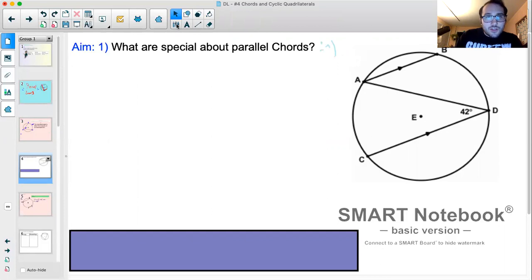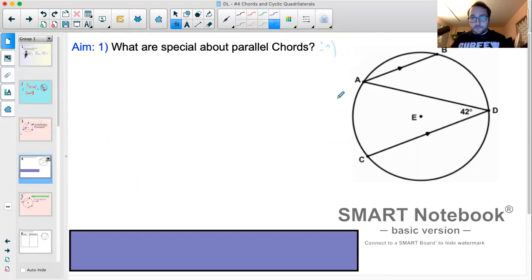And I gave a little example here that if angle CDA is 42 degrees, then this angle must be 42 degrees as well, because we know that alternate interior angles are congruent.